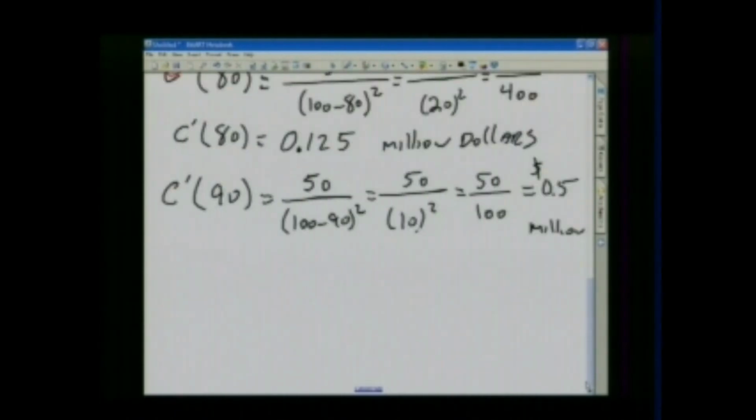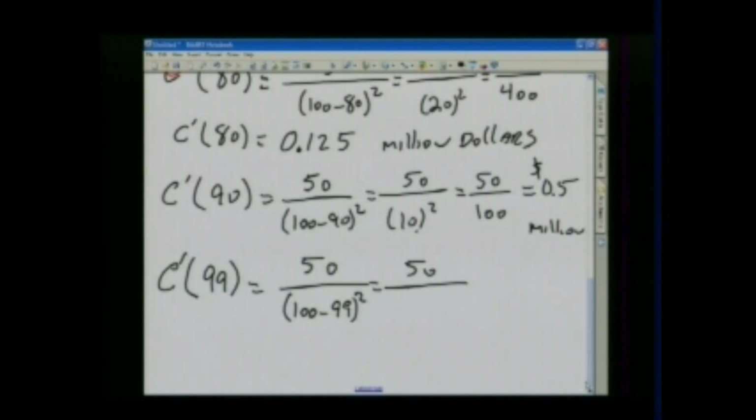If you want to remove 99%, then it would be 50 divided by 100 minus 99 squared, which is 50 divided by 1 squared, which is 1. That would be equal to $50 million.